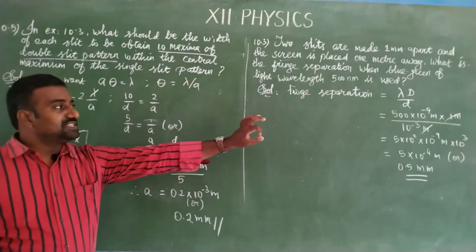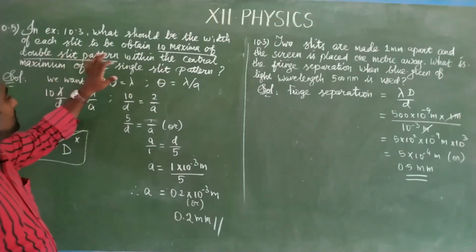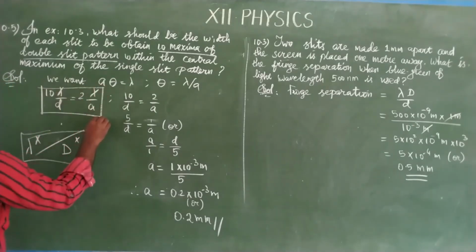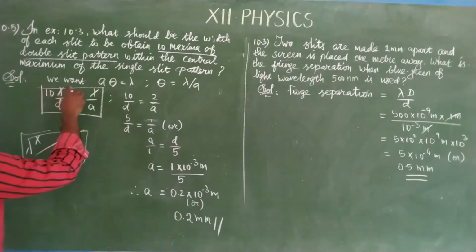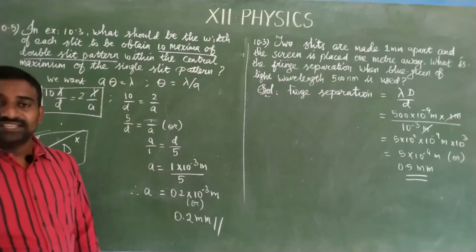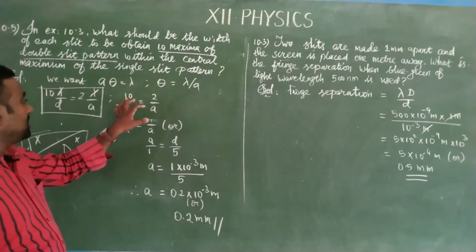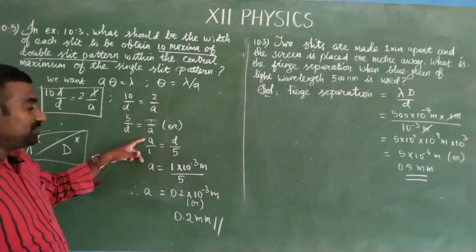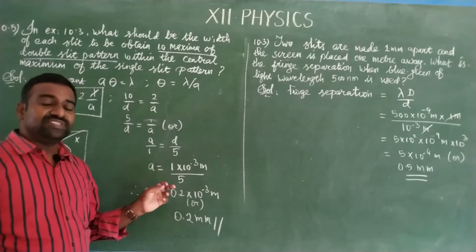Using the third question, we want to obtain 10 maxima of the double slit pattern within the central maximum of the single slit. So this is the concept. Using it, we eliminated the wavelength on both sides, then reduced using 5, took the reciprocal, substituted the distance between the slits, and finally obtained the width of the slit.